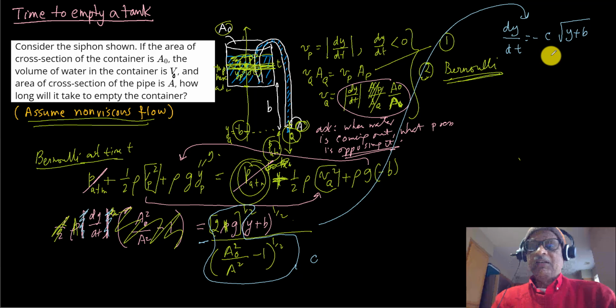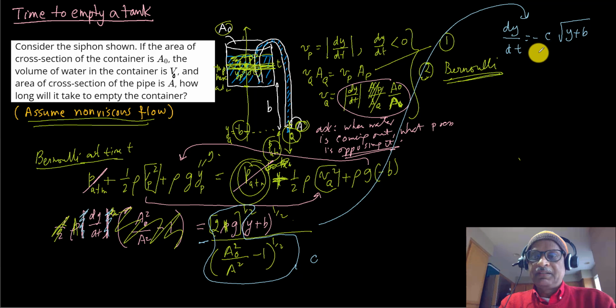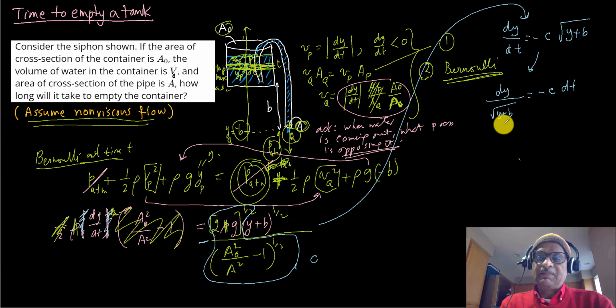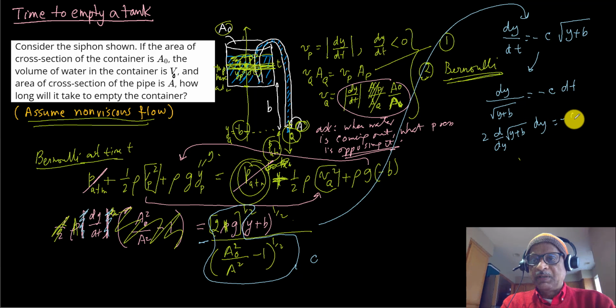Now this can be integrated, right? So you can say dy over the square root of y plus B equals minus C dt, which is basically 2 times d of the square root of y plus B equals minus C dt.